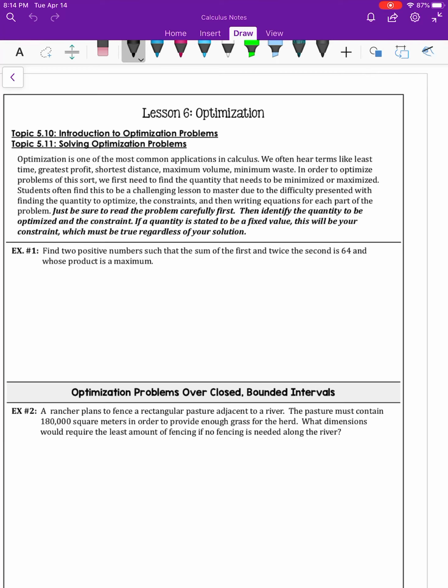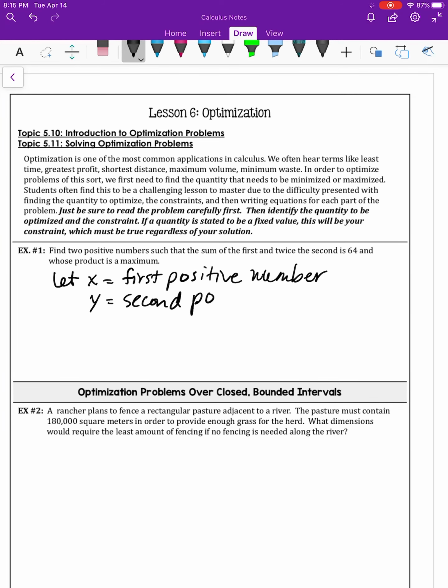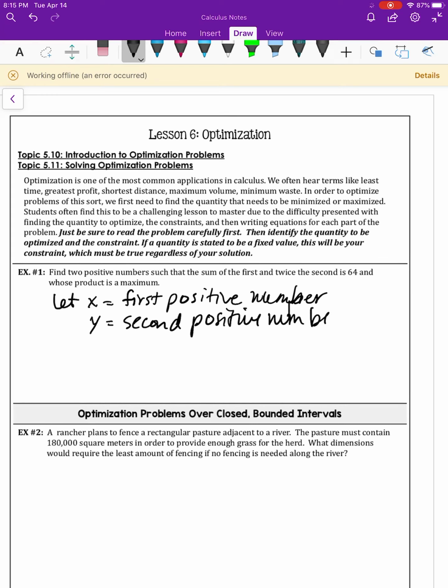So example number 1: find two positive numbers such that the sum of the first and twice the second is 64, and whose product is a maximum. Okay, so we've got two positive numbers. So we're going to say let x equal the first positive number and y equal the second positive number.